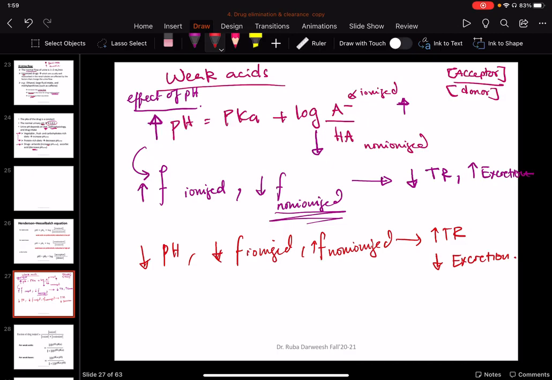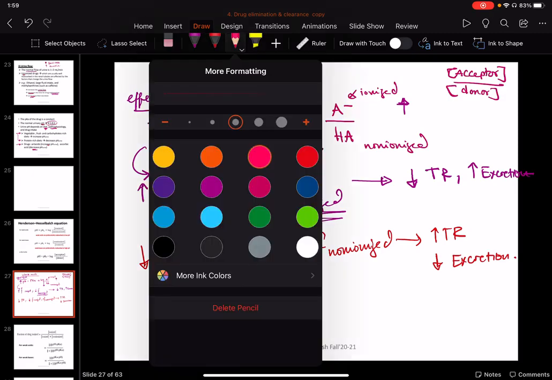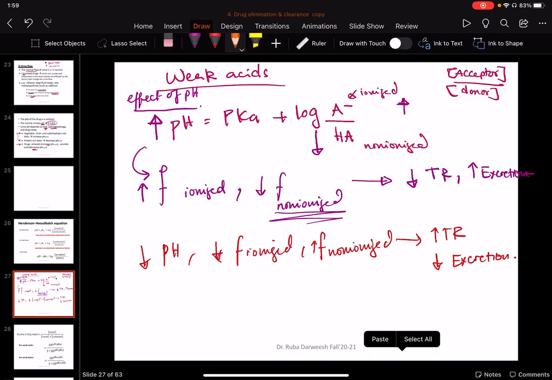And the same thing applies if I ask in a different way. If I say that the fraction of the drug that is non-ionized is more, this would preferably happen at a lower pH.